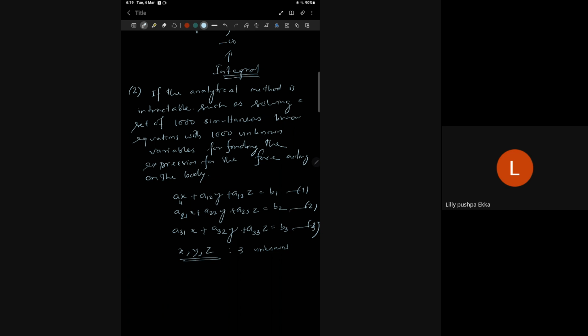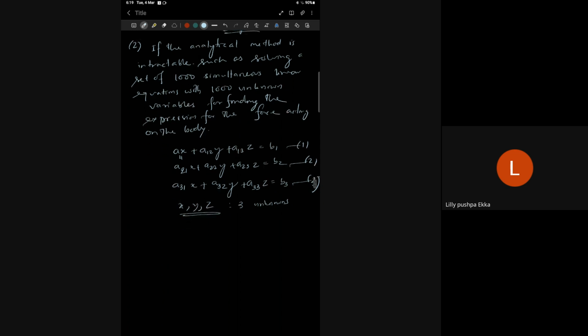This can be solved by using the matrix inversion method, by getting the inverse of a 3 by 3 matrix.